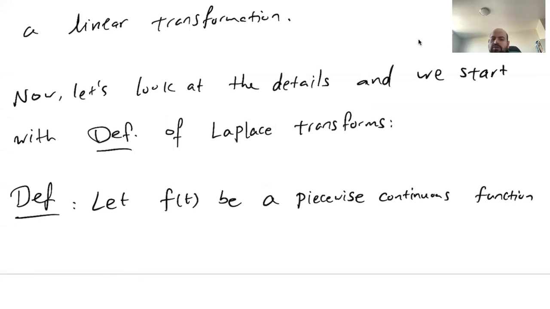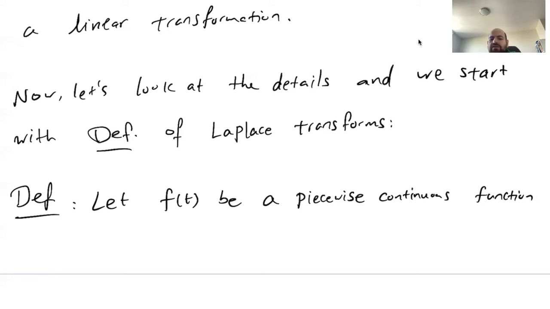So what do we mean by piecewise continuous? If it's continuous, then it will be piecewise continuous. But even if it has finitely many discontinuities, still we can consider it as piecewise continuous.